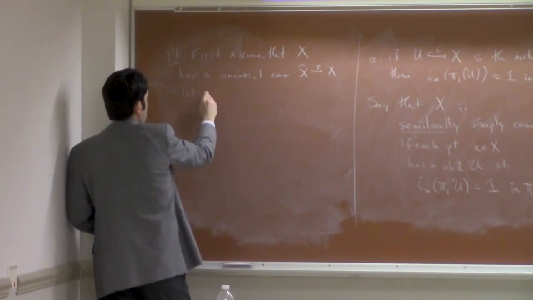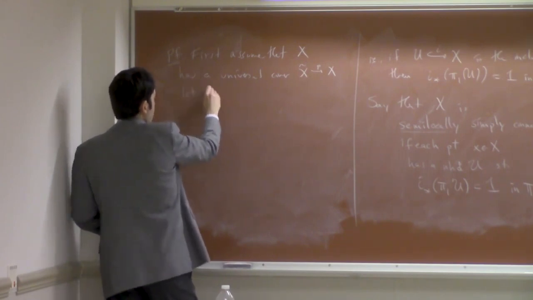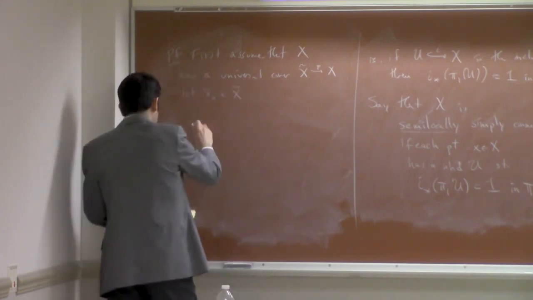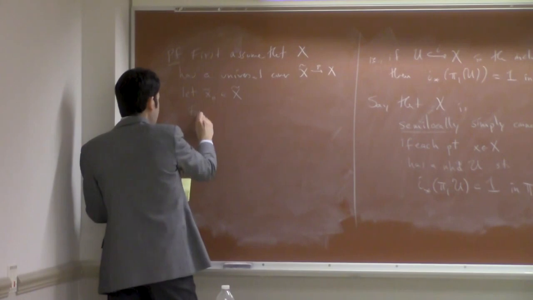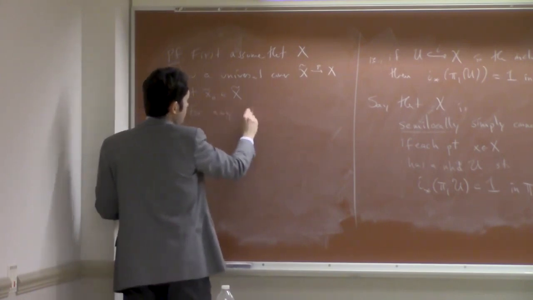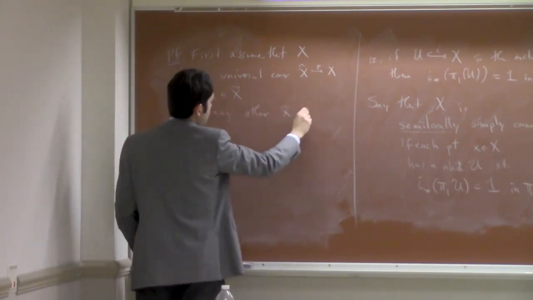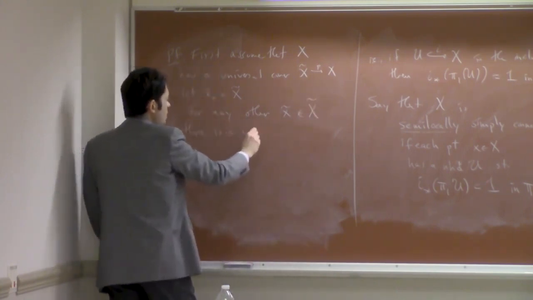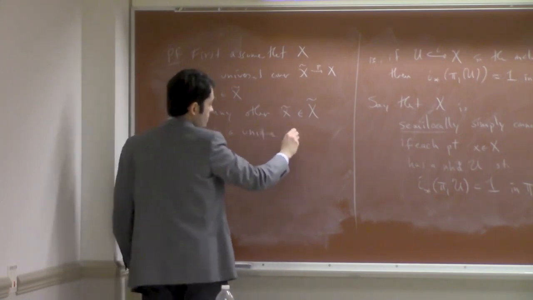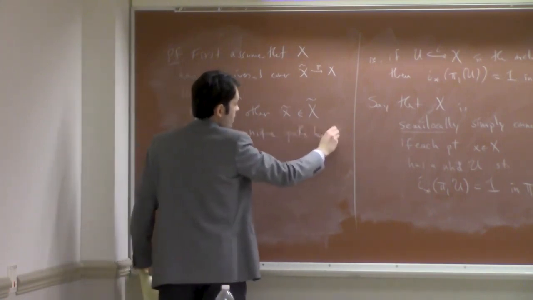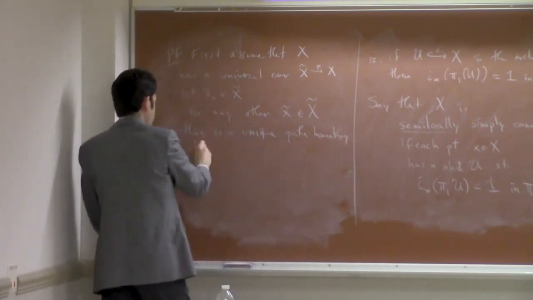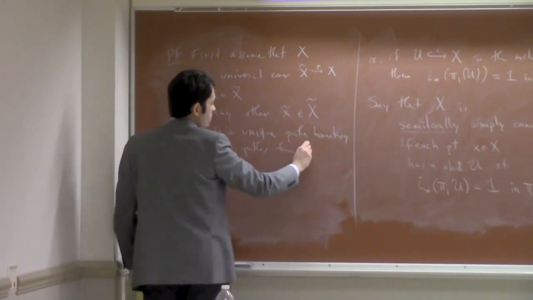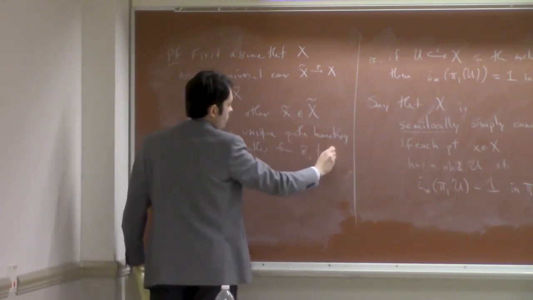And let X naught tilde be any point here. Then for any other point, there's a unique path homotopy class of paths from X naught tilde to X tilde.